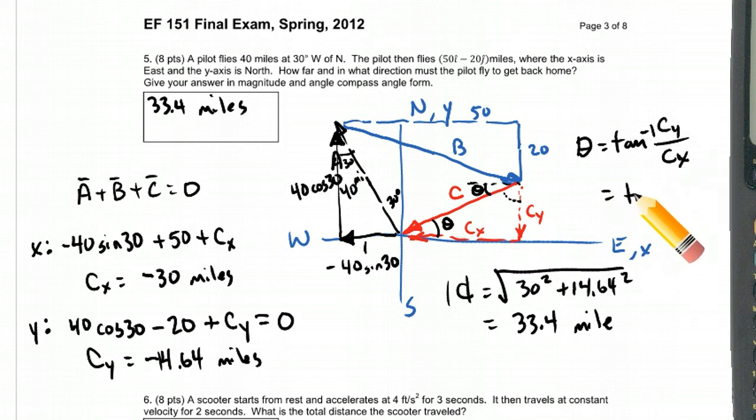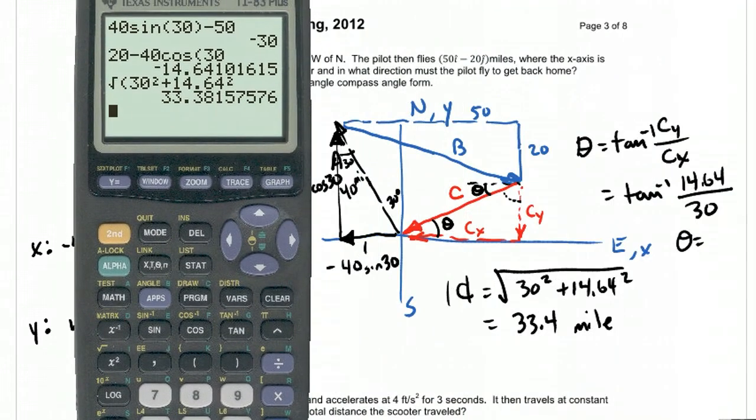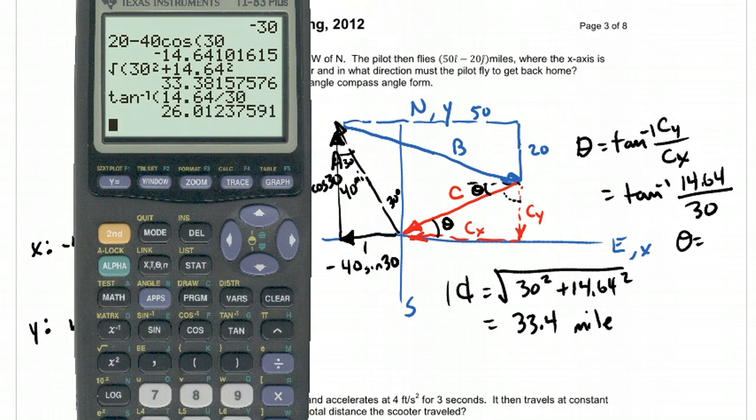Which is inverse tangent of 14.64 over 30. I'm just working with an angle now, so I'm using the absolute values again. So theta is going to be inverse tangent 14.64 divided by 30, 26 degrees.